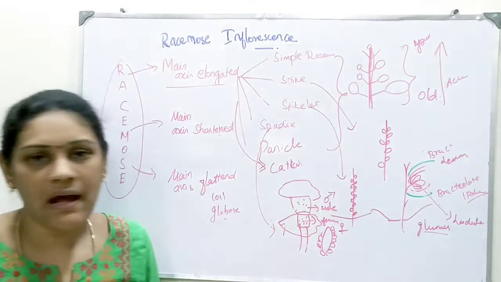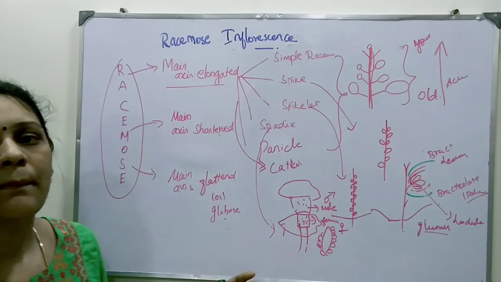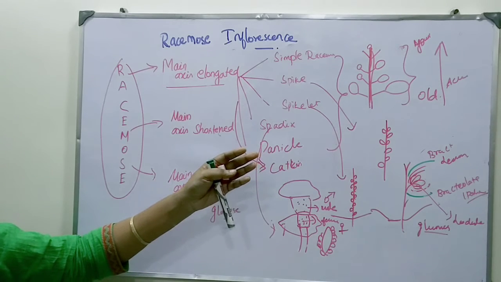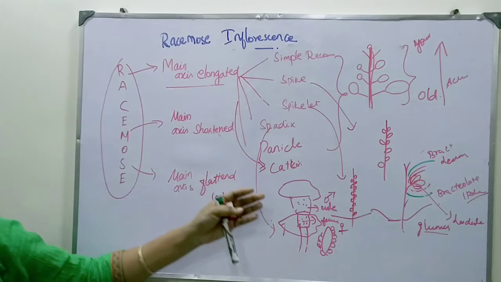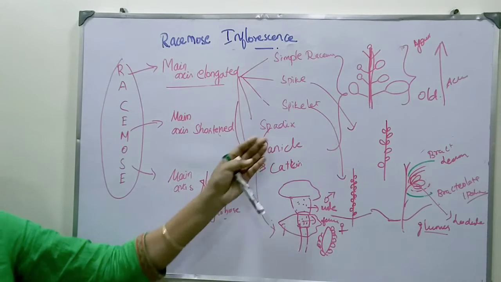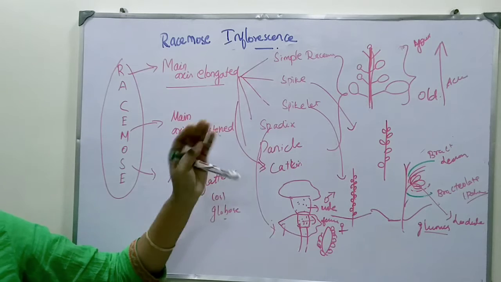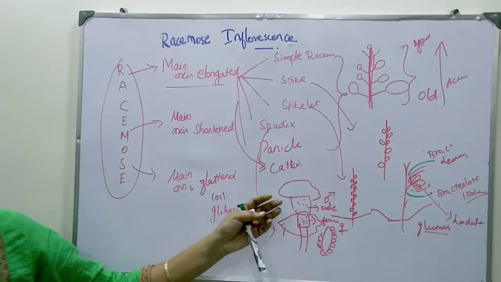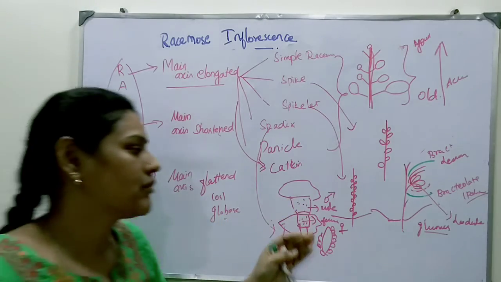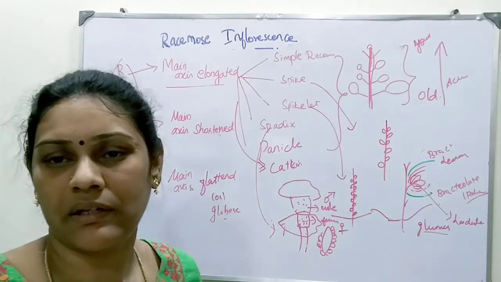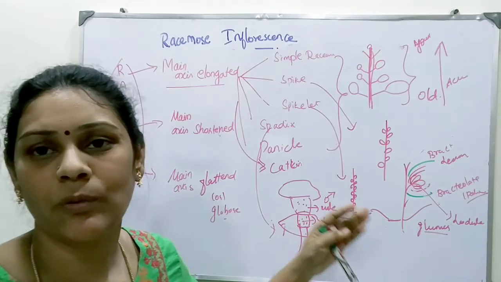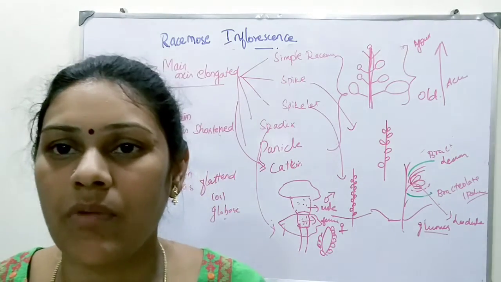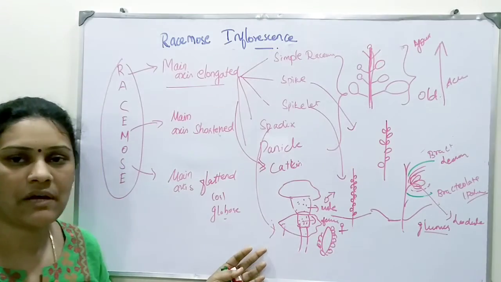The female flowers are present towards the base and the male flowers present towards the apex. The example of this spadix is Colocasia and Amorphophallus, the yam and elephant foot yam tubers; their flowers are arranged like this. So Amorphophallus or Colocasia are the examples of spadix.